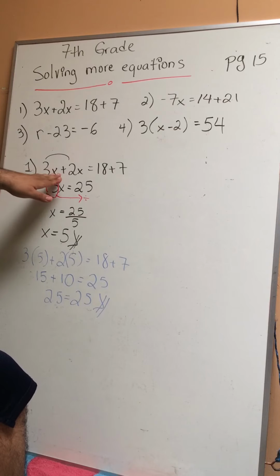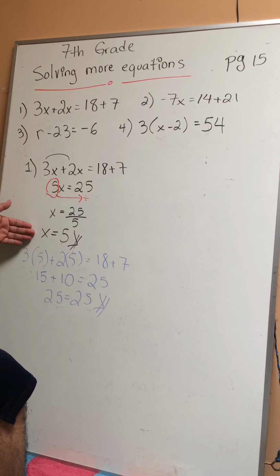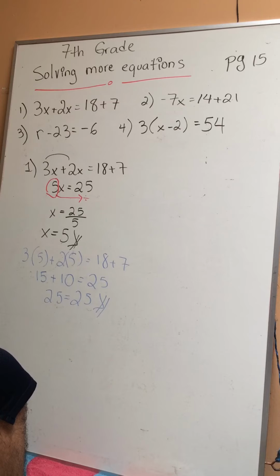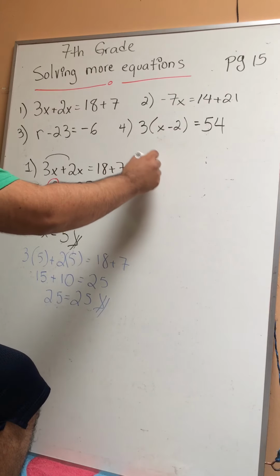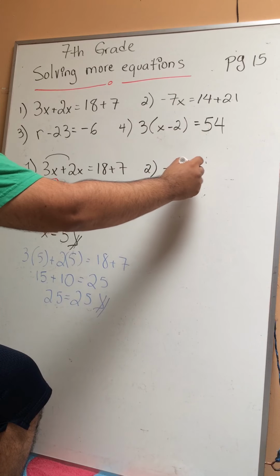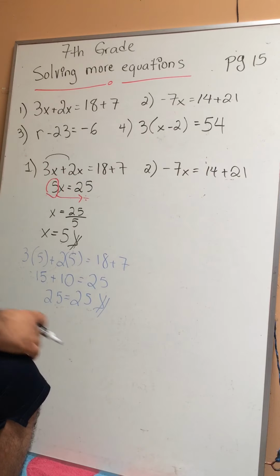We're adding variables with variables and numbers with numbers, and we're finding the value for x that will make the original equation true. Let's work on number 2. Number 2 says minus 7x equals 14 plus 21.